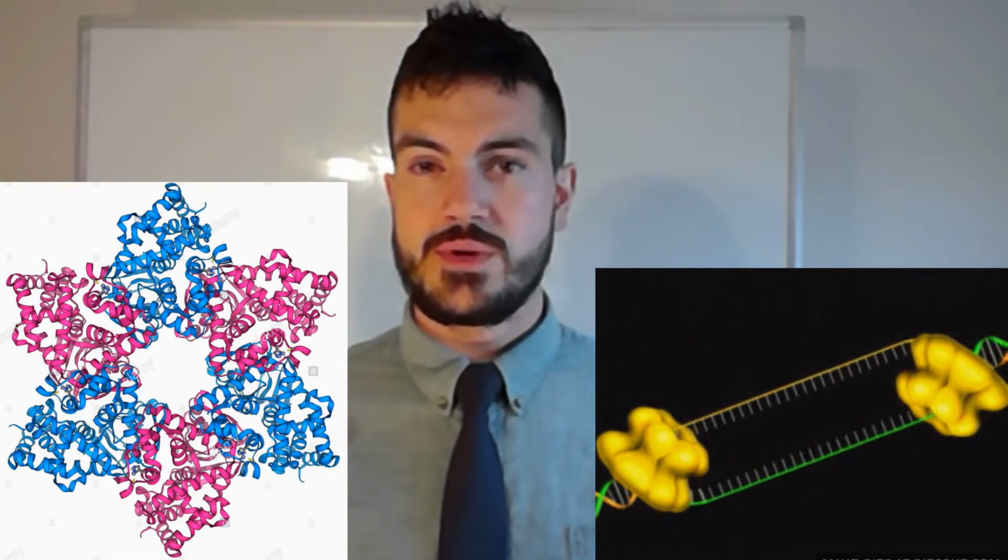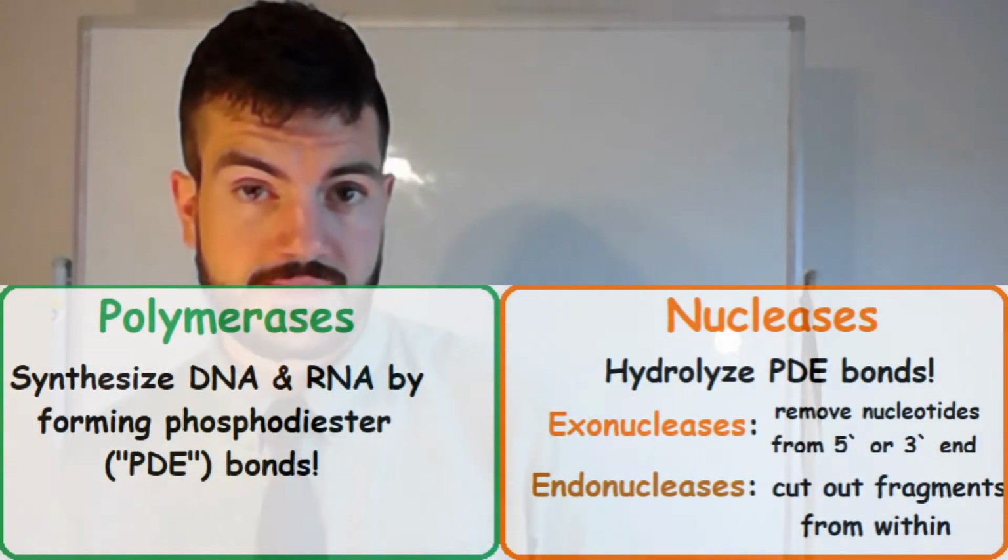But now I just want to hit you guys with a couple names of some of these enzymes that are going to come in handy when we go about talking about what their job is, what they're actually doing that involves replication. So two of the main things that we're going to talk about today are polymerases and nucleases.